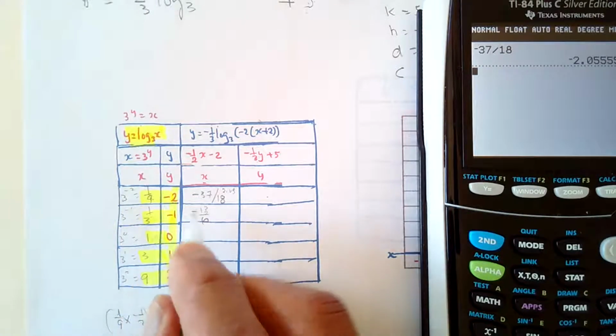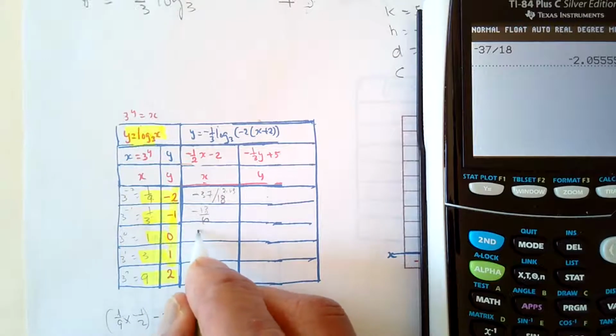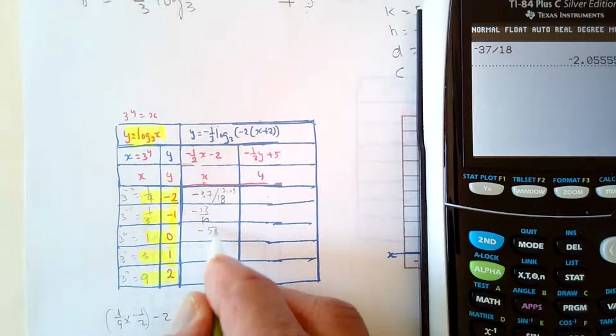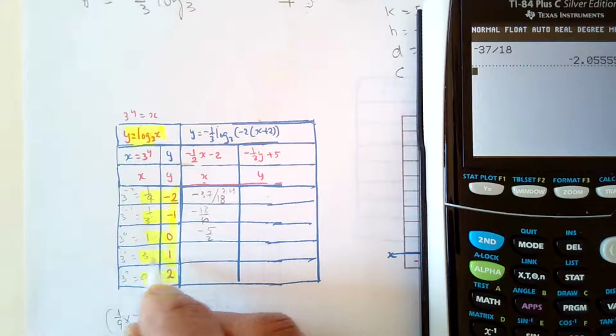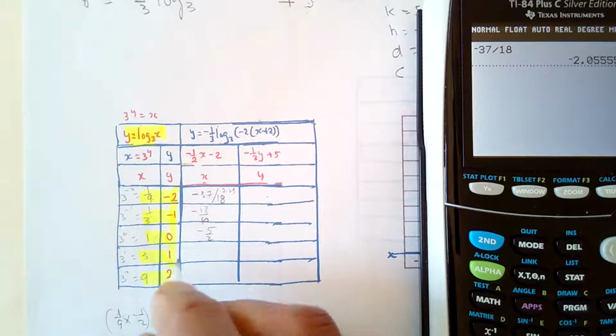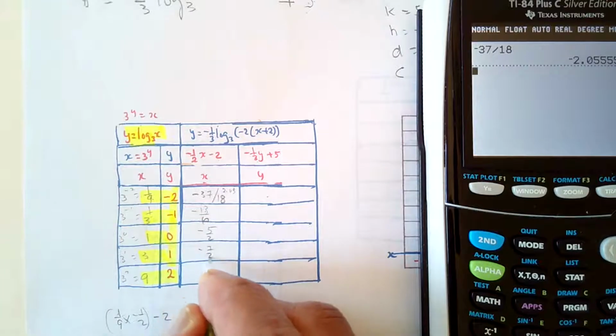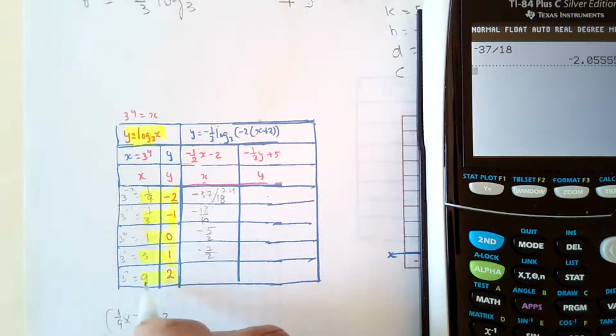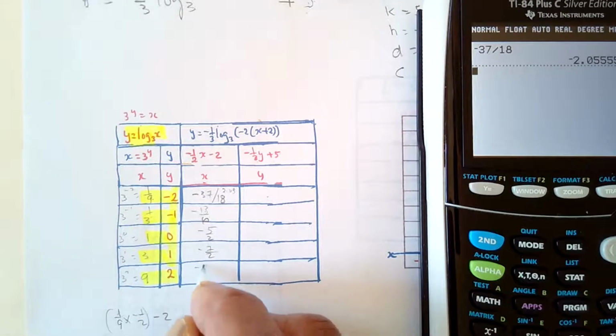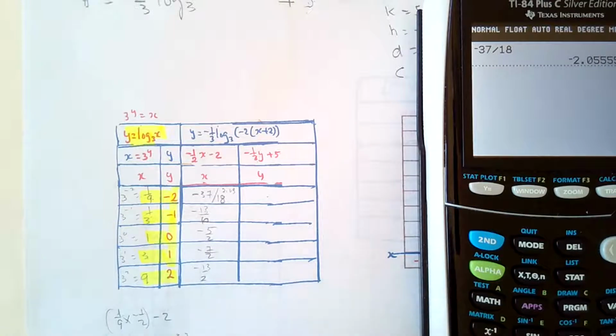Then 1 gives negative 5/2. Then 3 gives negative 3/2 minus 2, which is negative 7/2. And 9 times negative 1/2 minus 2 would give us negative 13/2.